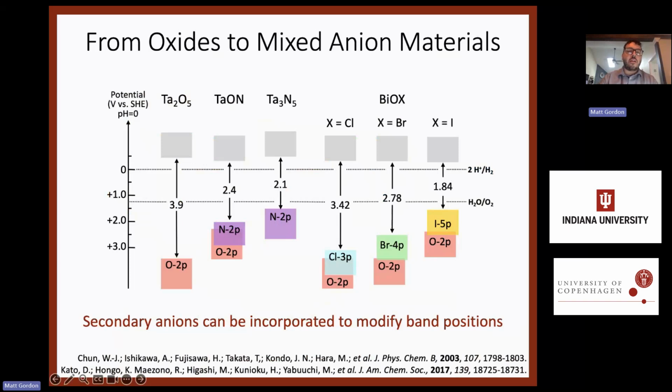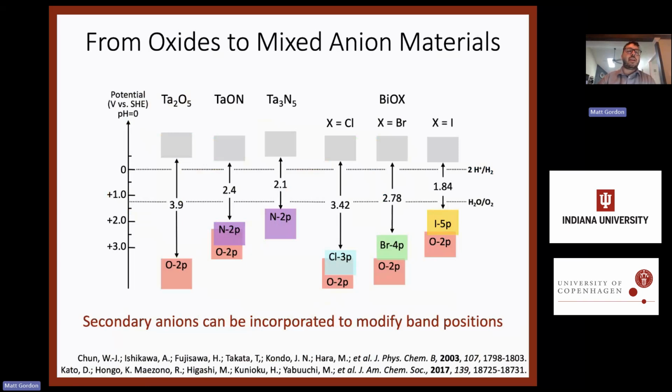For example, if you compare the band gap of tantalum oxide to tantalum oxynitride to tantalum nitride, you'll see that the band gap is very wide for tantalum oxide, almost 4 electron volts, something that is very UV absorbing only.